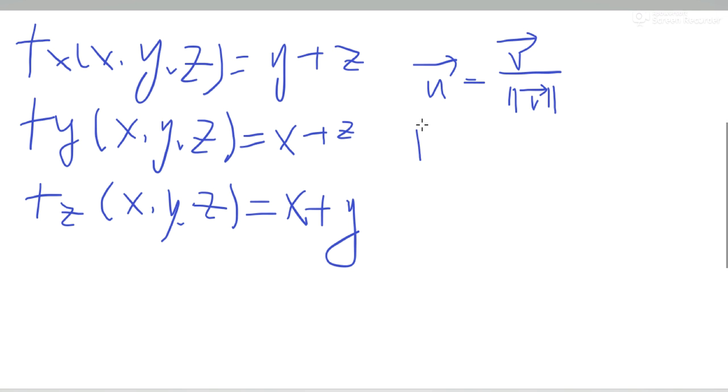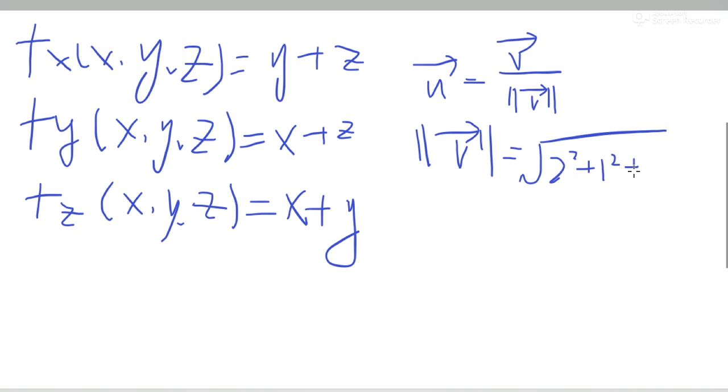So we have to find the magnitude of the vector, which is the square root of 2 squared plus 1 squared plus minus 1 squared, which is root 6. Now we already know the magnitude, so we can find the unit vector.